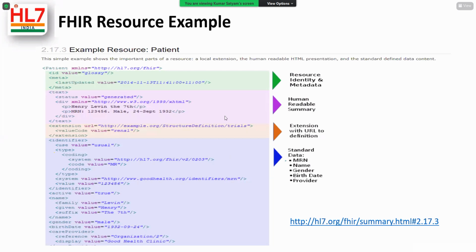Just 1 minute, somebody at the door. Satyam, can you unmute yourself?